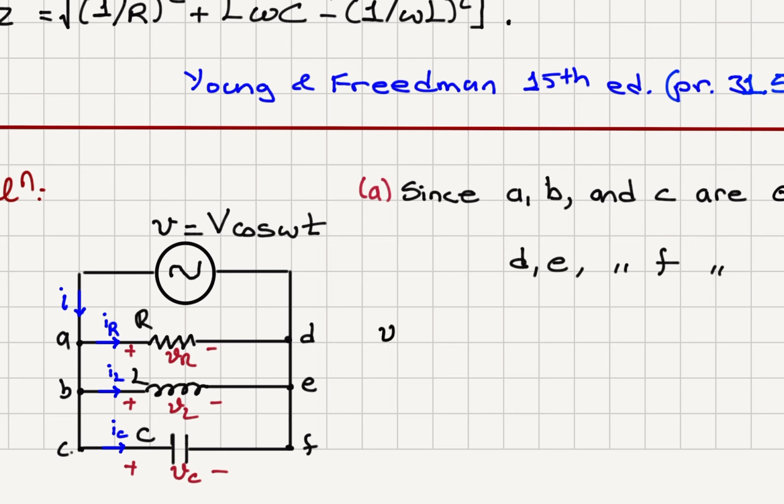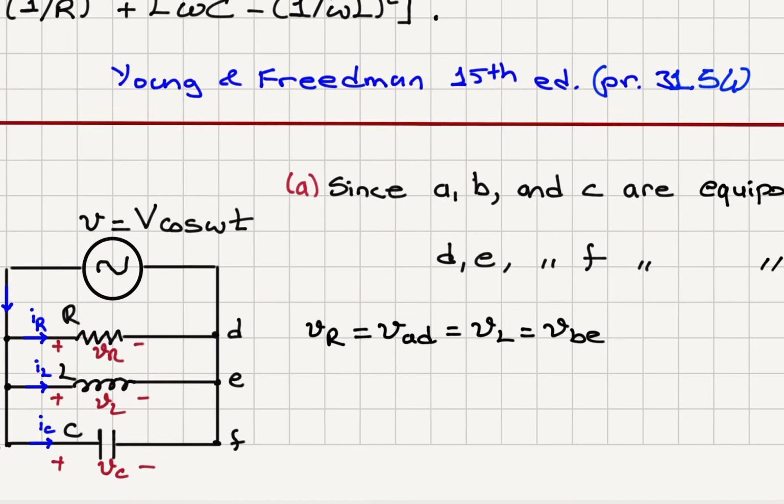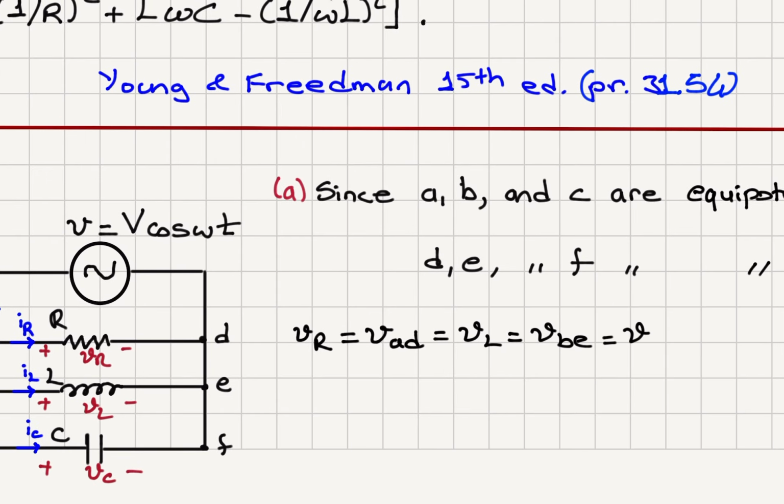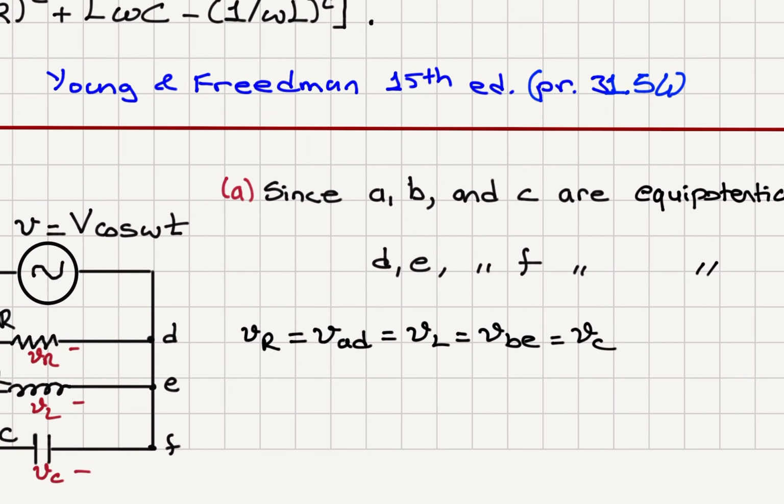V sub R is the voltage difference between AD, which is equal to V sub L, the voltage difference between BE, and that's equal to the voltage across the capacitor, which is the voltage across CF.